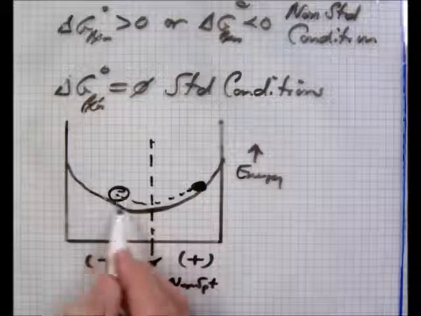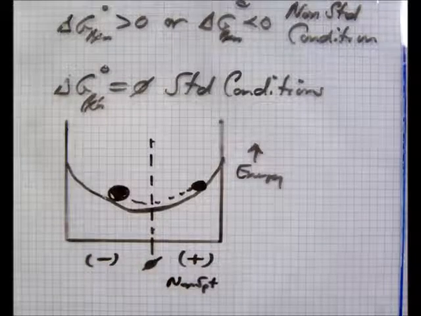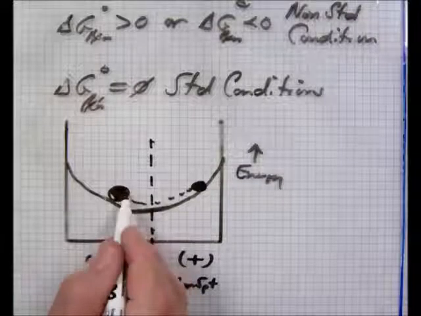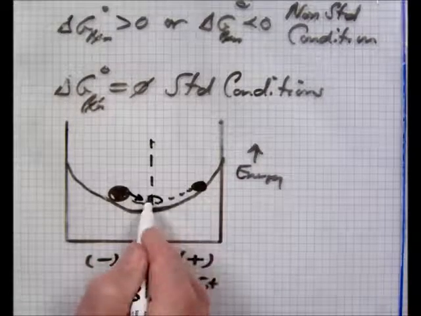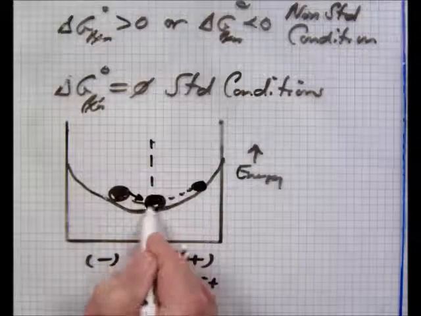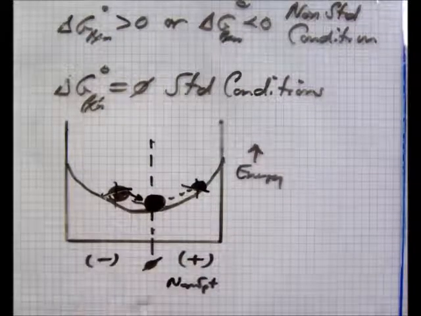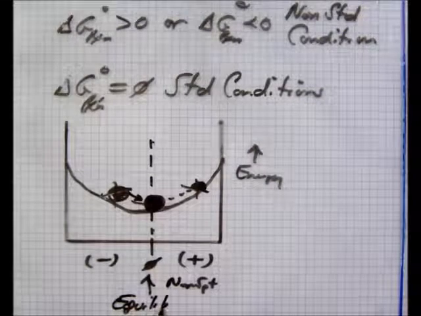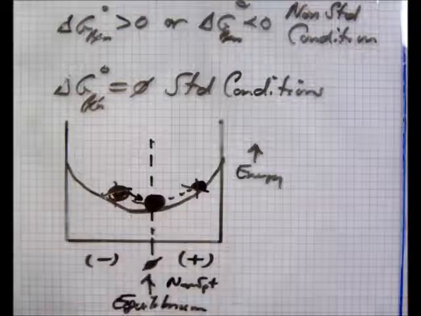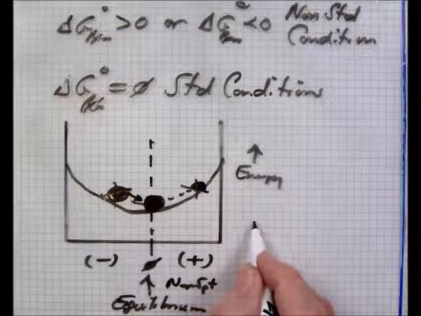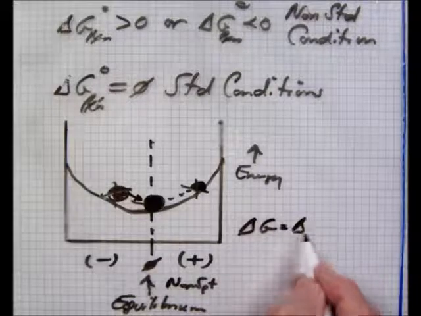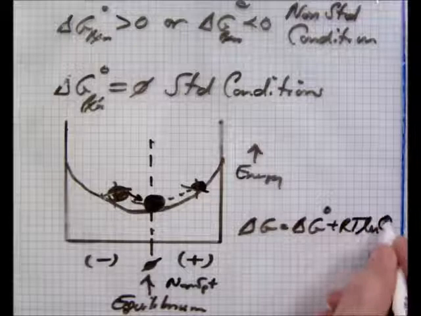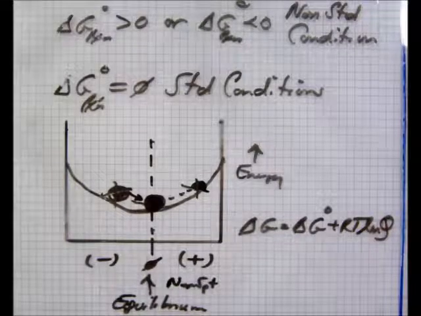It rolls over here, probably somewhere up in there, okay? Now, it has a spontaneous to go back, and so it rolls back and forth until we get right here. This is a condition called your equilibrium. Now, this curve is defined by an equation, delta G equals delta G naught plus RT ln Q for reactions.